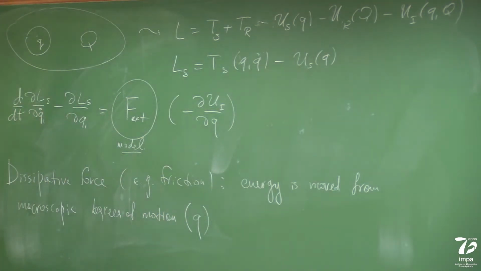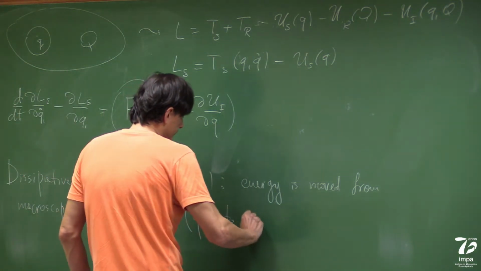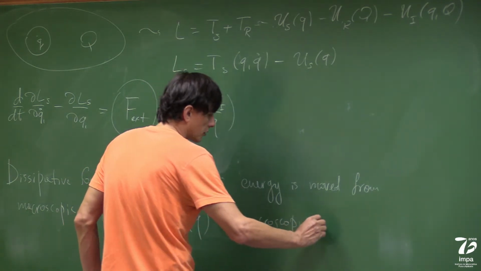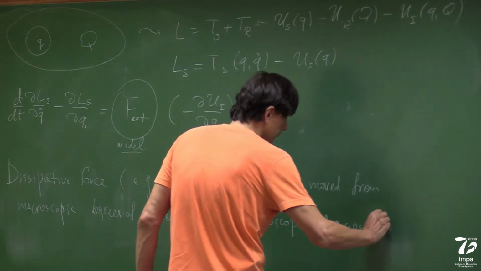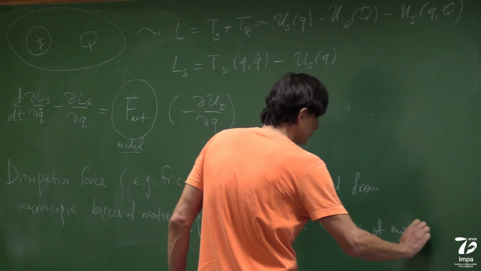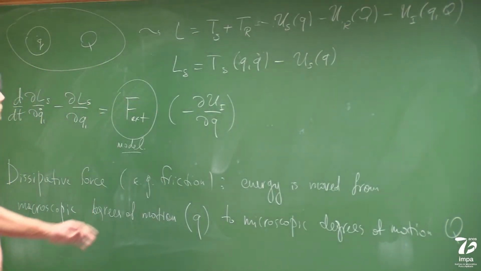so q describes macroscopic degrees of motion, the position of the full body, like the center of mass, to microscopic degrees of motion, which is given by the other vector.